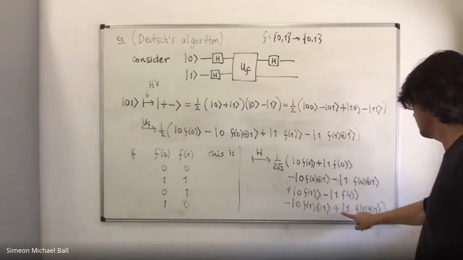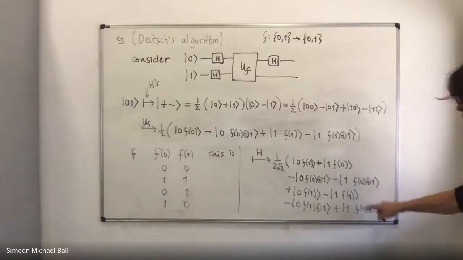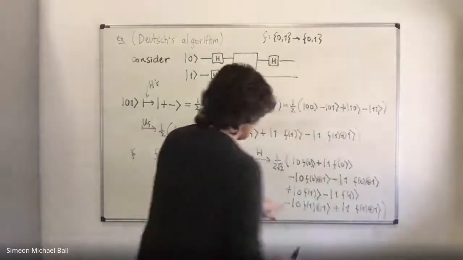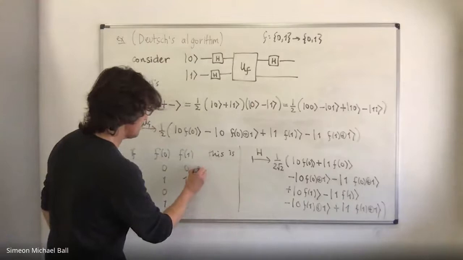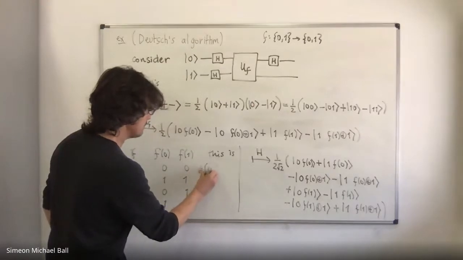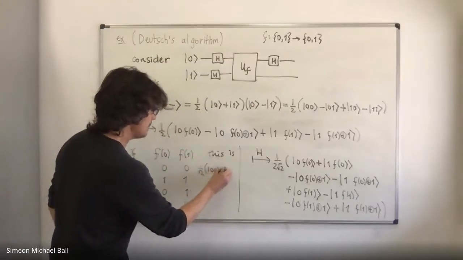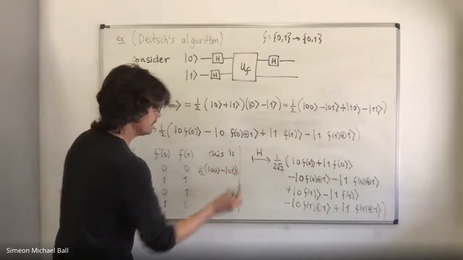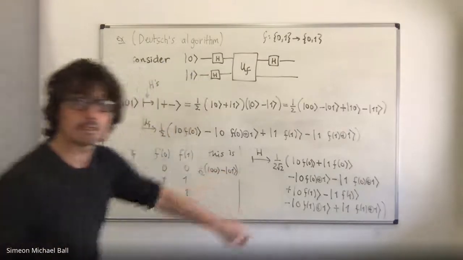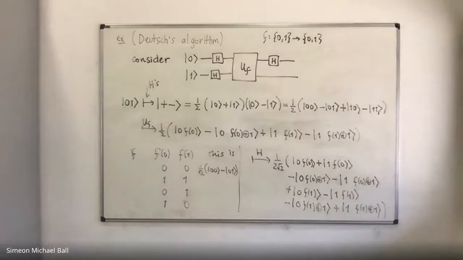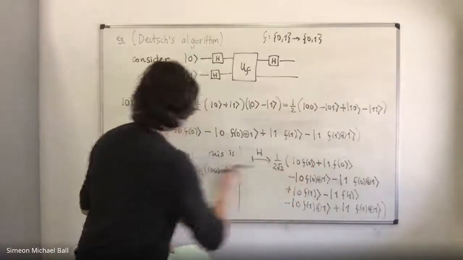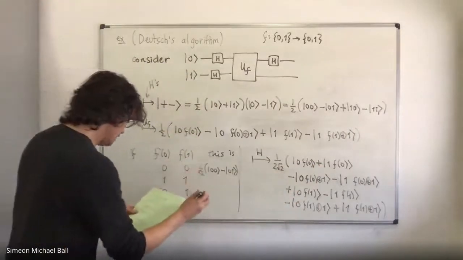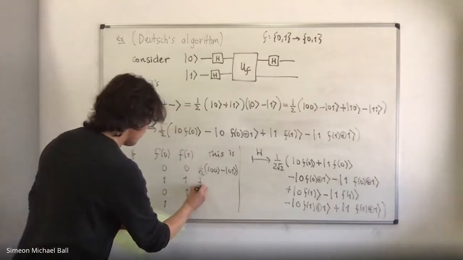So I've got that twice, and now I have a plus 1, 1 and a minus 1, 1. So the ones that came twice are this one and the 0, 0. So this would be 1 divided by root 2 times 0, 0 minus 0, 1. I will write up what the other ones are, so you do it in the same way. You just substitute in these values, and you get these results.